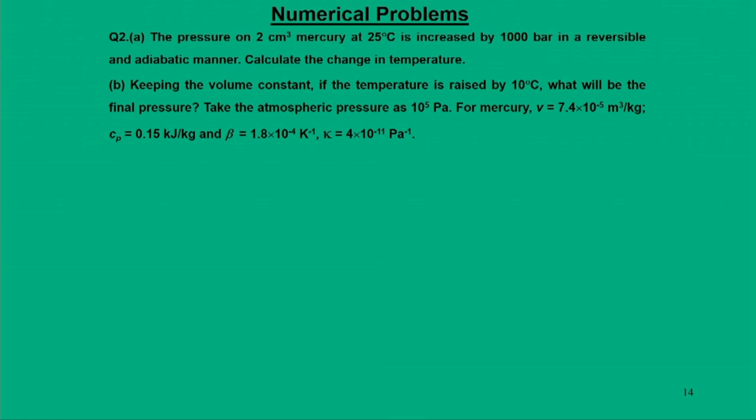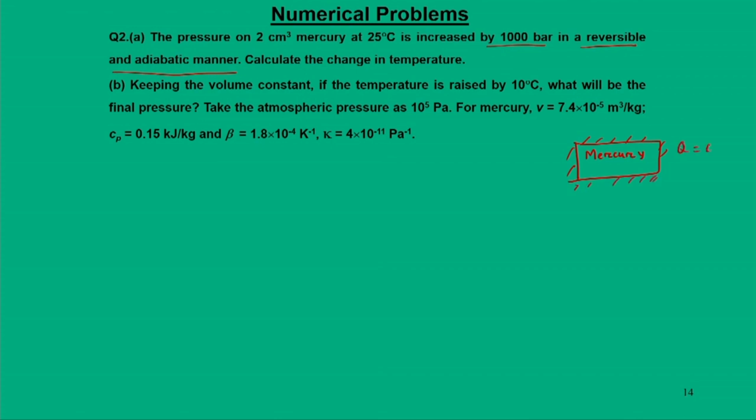And the next problem is in relation with the first problem, but here the pressure is increased in a reversible and adiabatic manner. So, same mercury, we may have this mercury in a container, and this container is insulated.